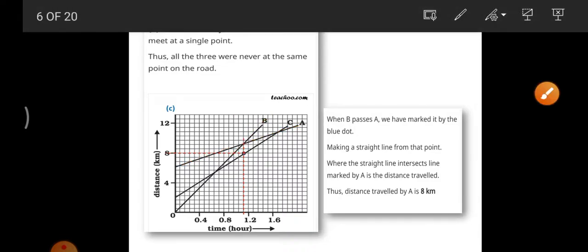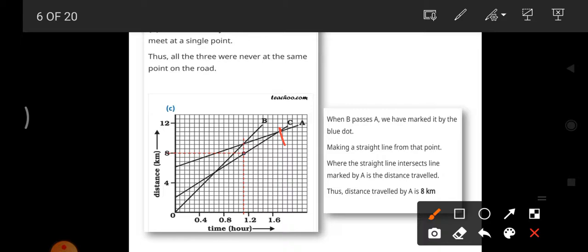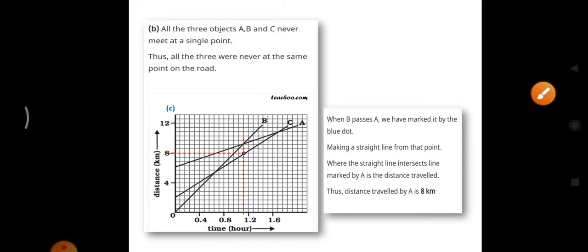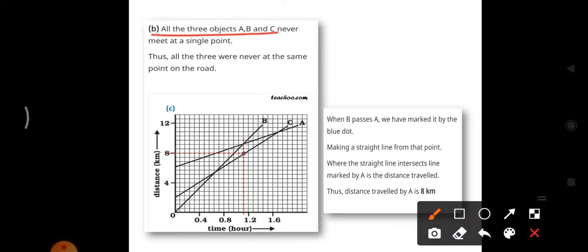At this point C and A meet. So from this, all the three objects A, B and C never meet at a single point. So all the three were never at the same point on the road.